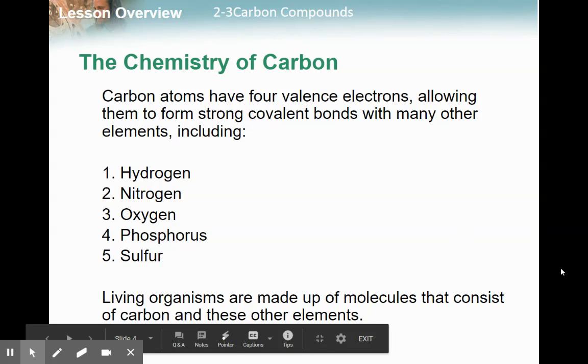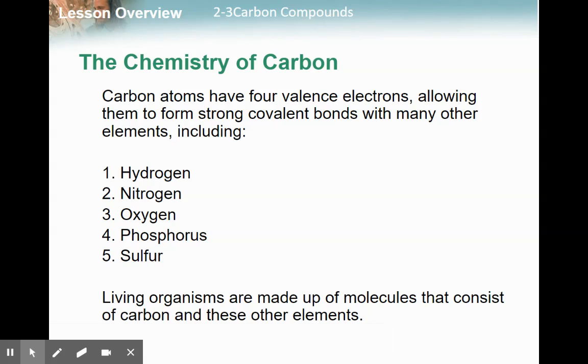Okay, we start out by talking about chemistry because chemistry is talking about carbon, because carbon is a very special element in that it bonds very easily with many different elements. And the reason it does that is because it has four valence electrons or four outer shell electrons, and it can form these strong covalent bonds with many other elements, including hydrogen, nitrogen, oxygen, phosphorus, and sulfur.